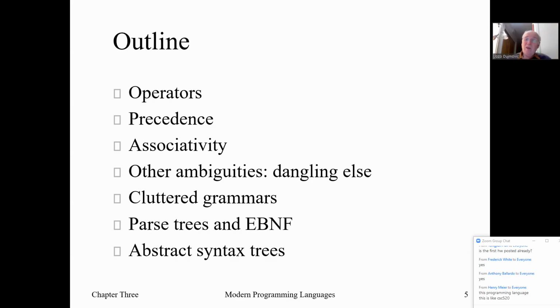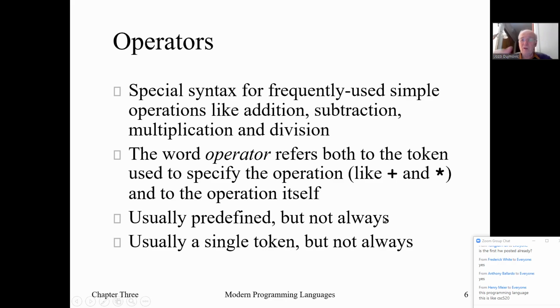About EBNF, which we are going to skip because we studied EBNF in some detail in previous lectures, and then about abstract syntax trees. So let us see first few things about operators. Operator, of course, is defining what operation will be performed with some arguments. And this can be arithmetic operation or logic operation, or can be operator that is unary or binary or ternary, etc.